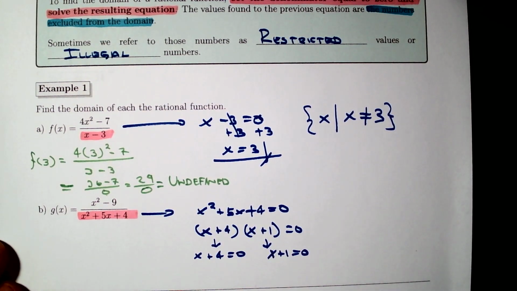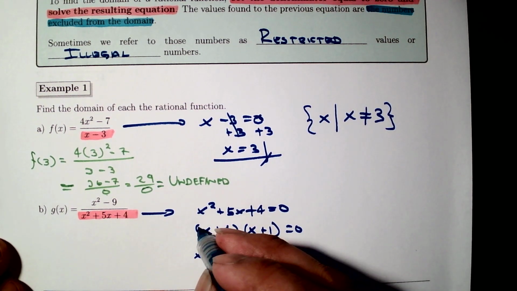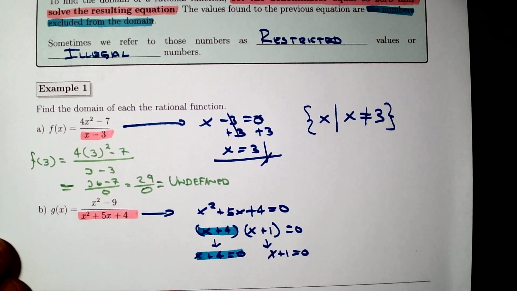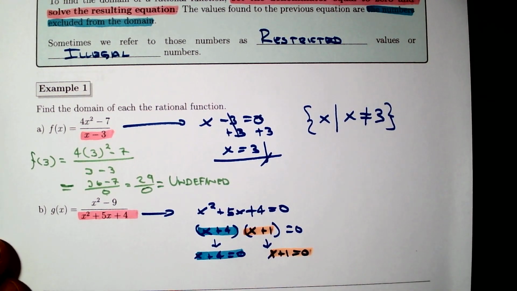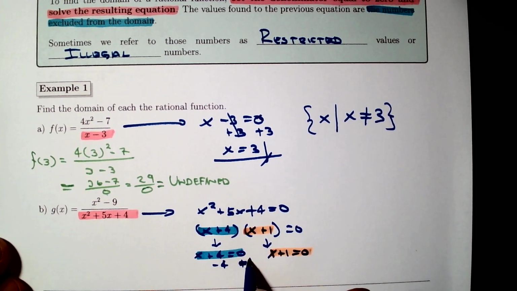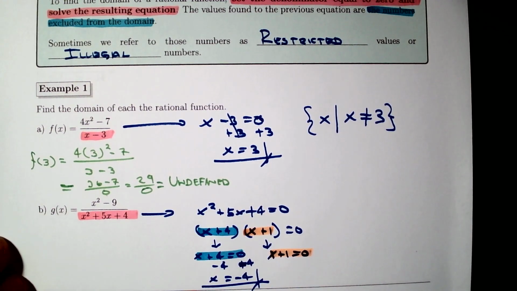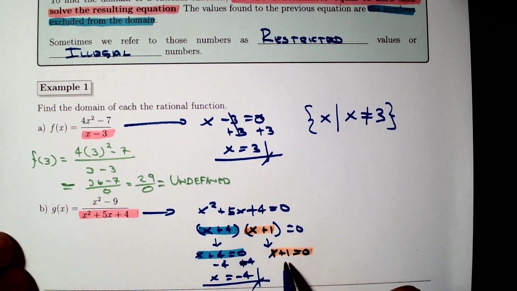And again, if you want to keep highlighting this the same way I did in the previous chapter, feel free to do that. This way, it's going to help you out. So subtract 4 from both sides, and this is x equals negative 4, one of the solutions.